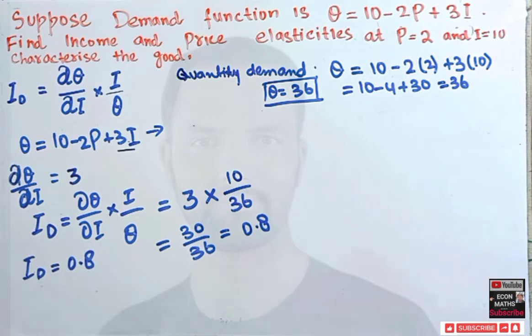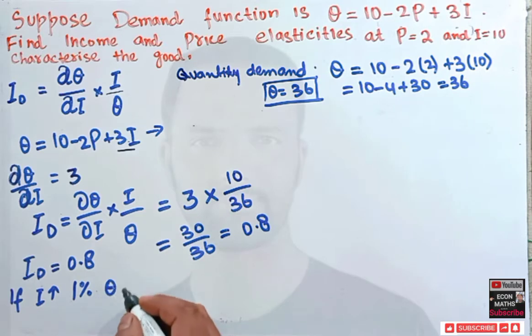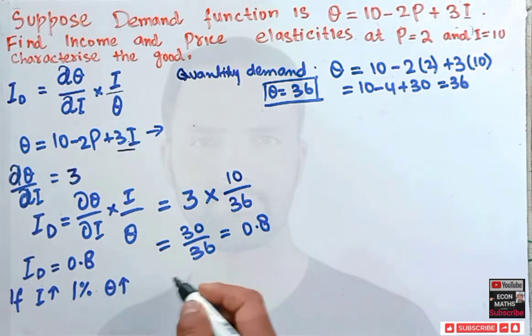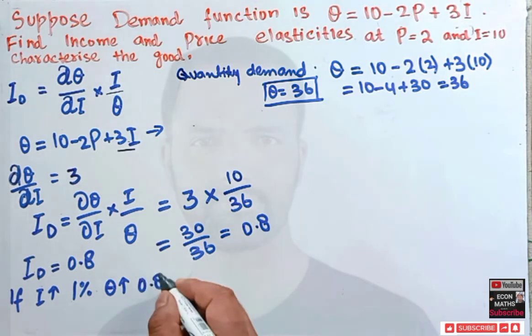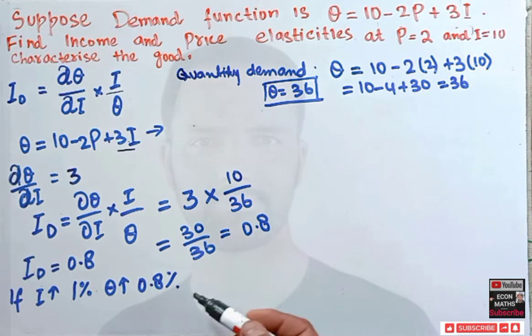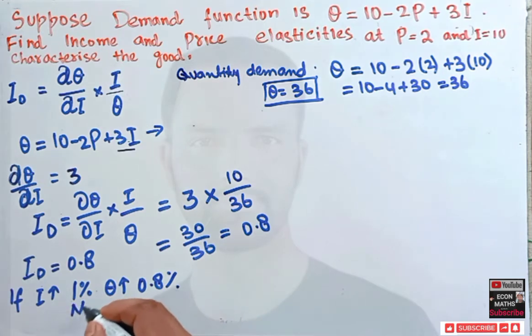Now what does this actually tell us? It simply tells us if our income increases by 1%, quantity demanded will increase by 0.8%. And the nature of this good is, we can say, a normal good.